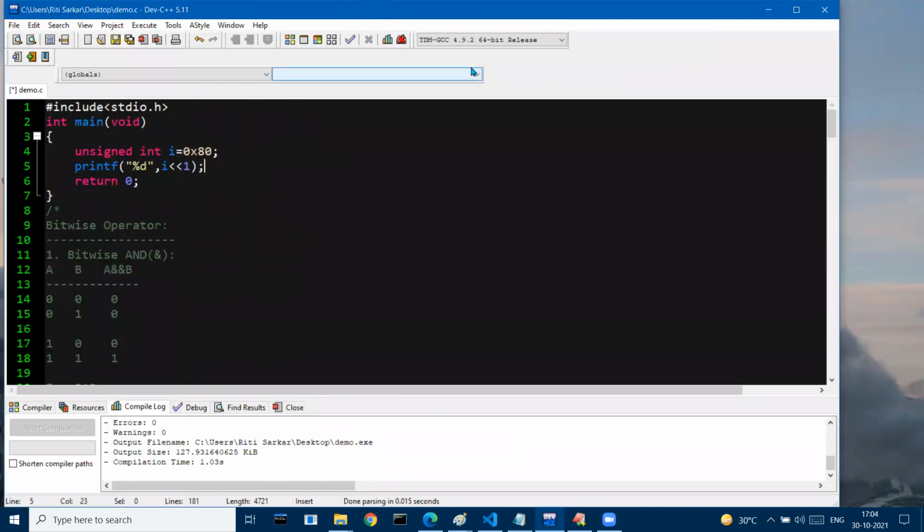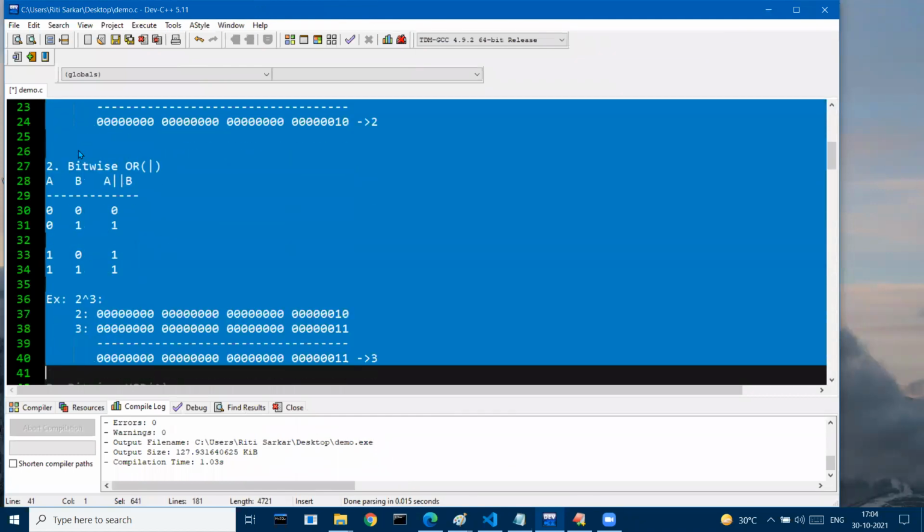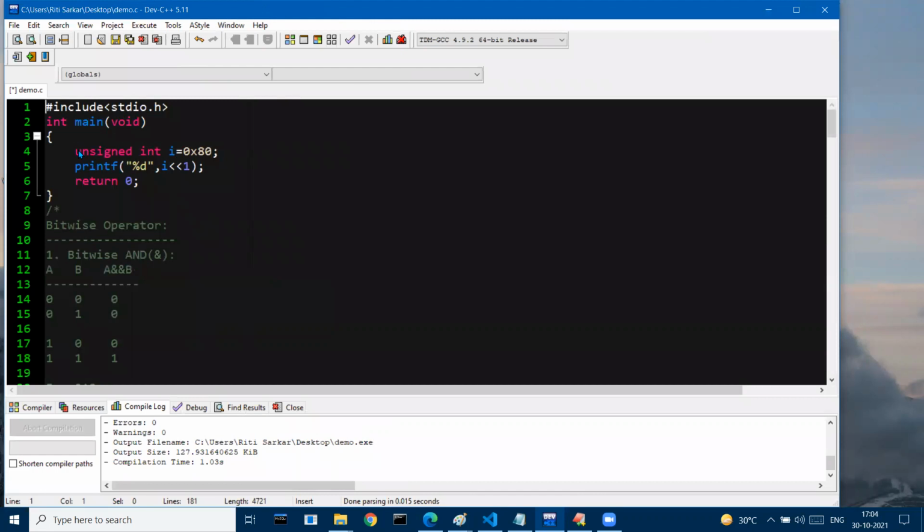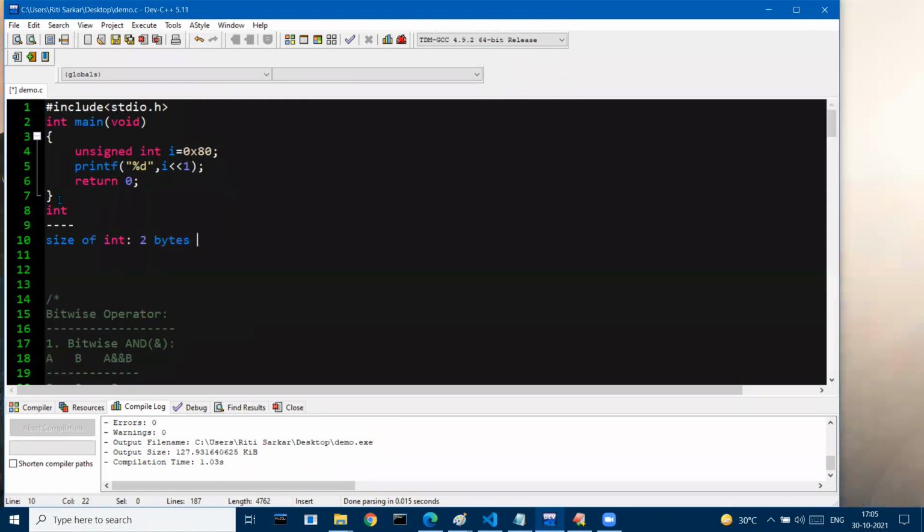So the important point here is, first, what do we mean by unsigned integer? Suppose for example, whenever we are dealing with integers, the size of an integer is 2 bytes.